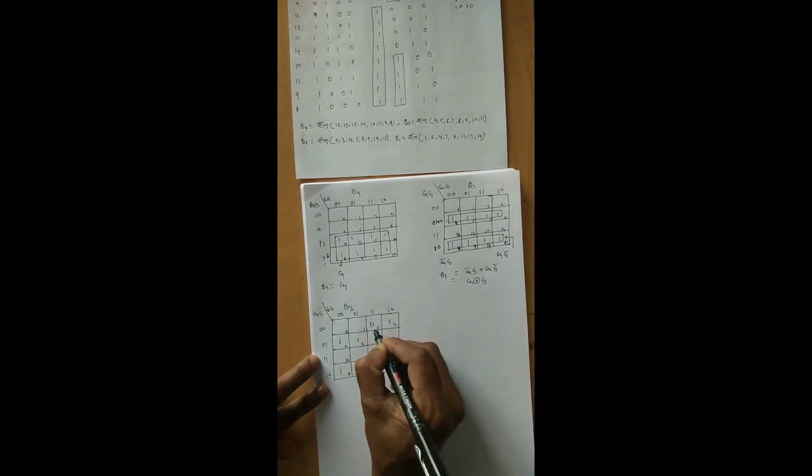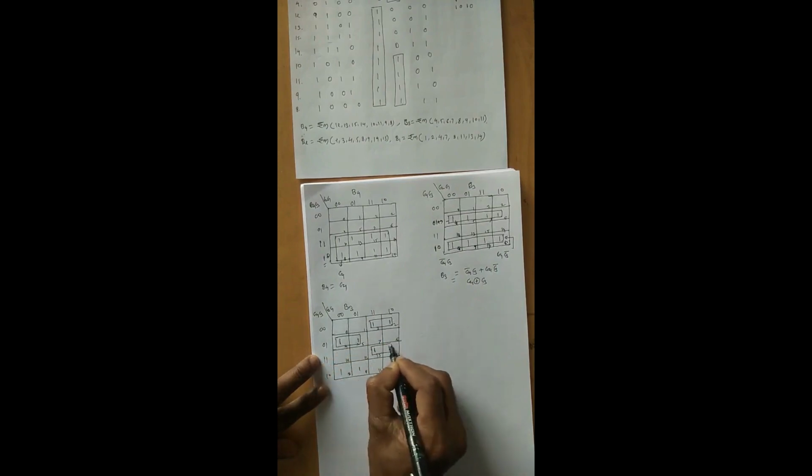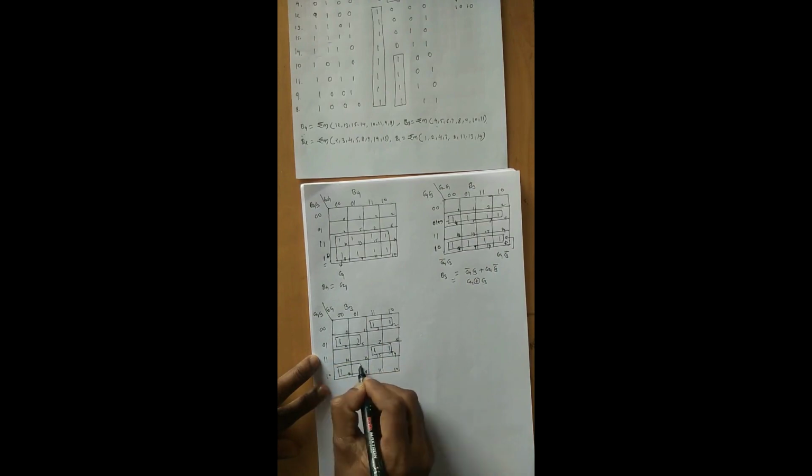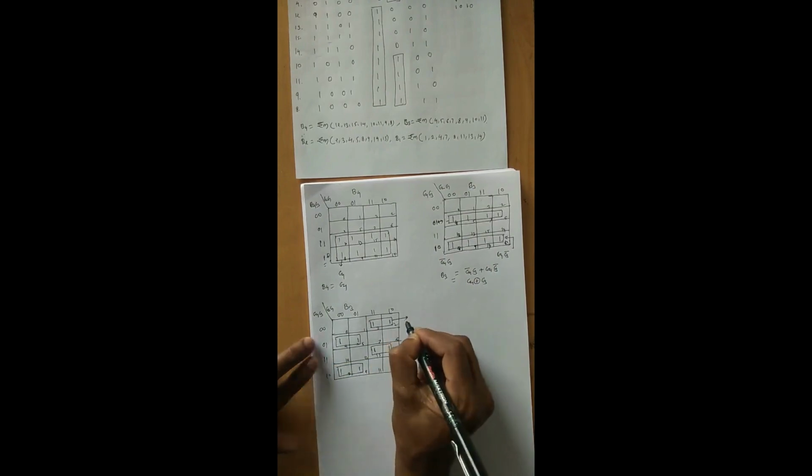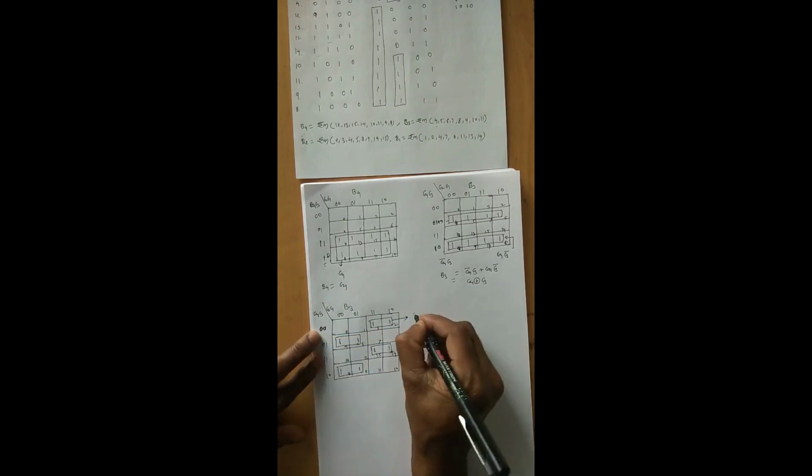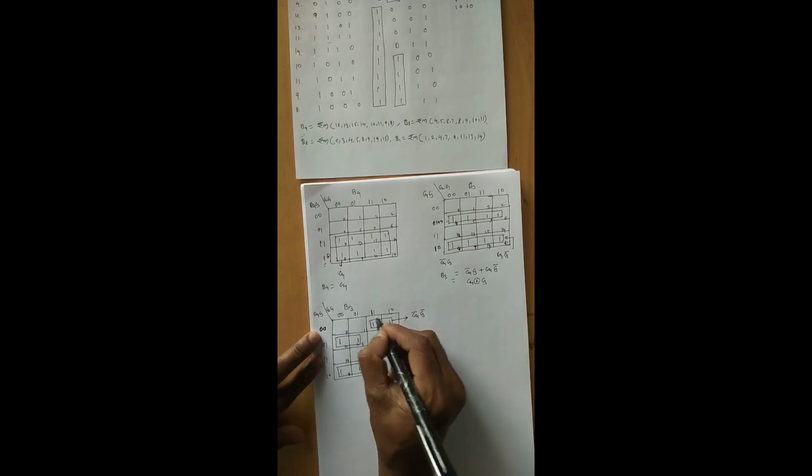So we are able to form pairs. From this pair, these are common, Z4 complement, Z3 complement, as well as this is a common term, so Z2.